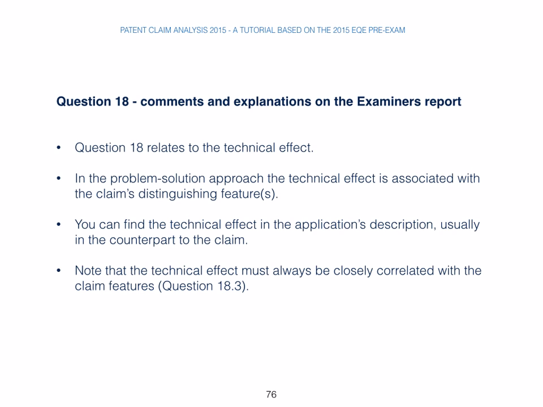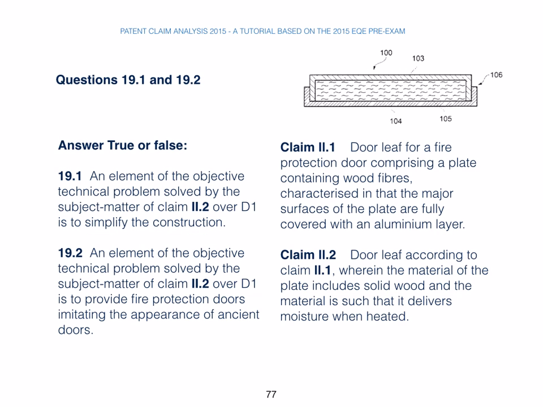Note that the technical effect must always be closely correlated with the claim features. Compare this with question 18.3, where the claim biasing means did not provide the full technical effect. Next are questions 19.1 and 19.2.